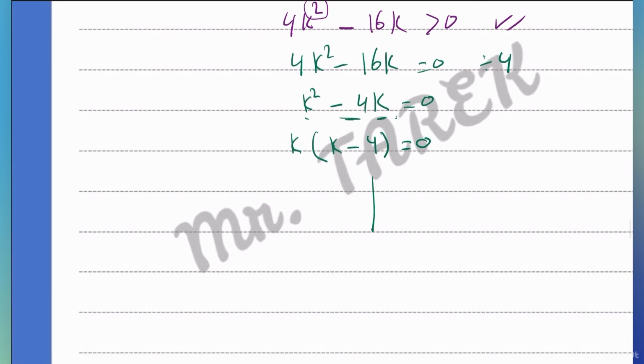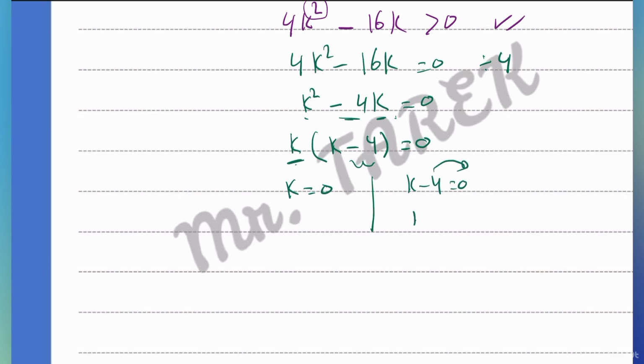So either k equals 0, because 0 multiplied by the bracket makes the left-hand side equal the right-hand side, or the bracket k minus 4 equals 0, meaning k equals 4.